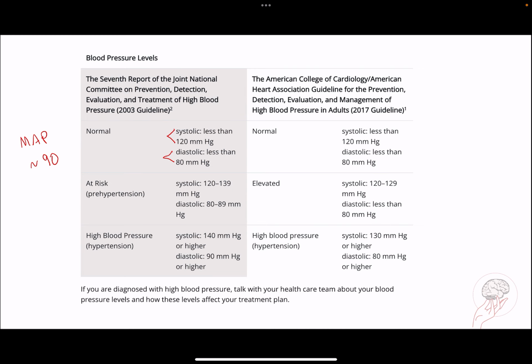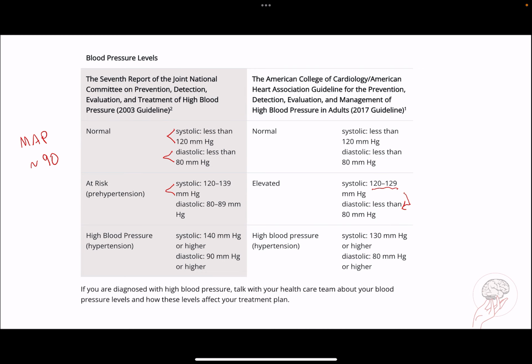So people who are at risk for hypertension will have a systolic blood pressure from 120 to 139. Or if we're looking at the American College of Cardiology, it's lower, 120 to 129. And they may even still have a normal diastolic.